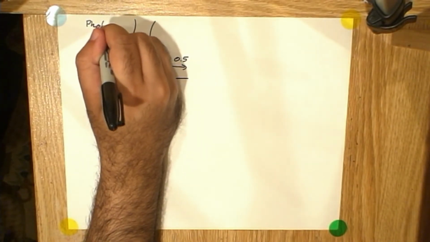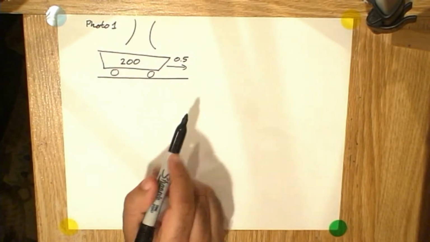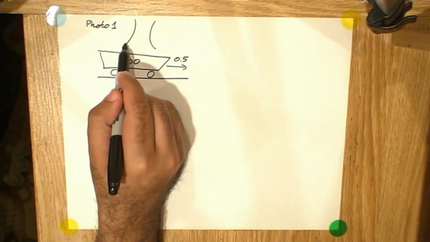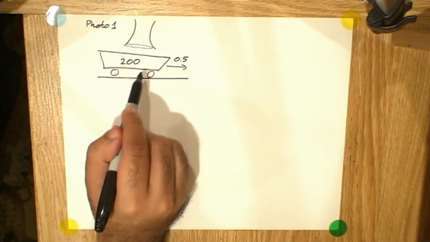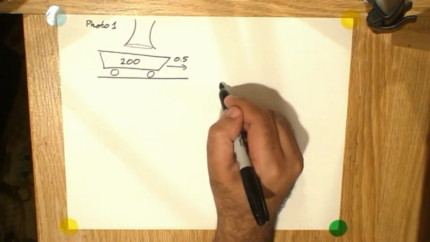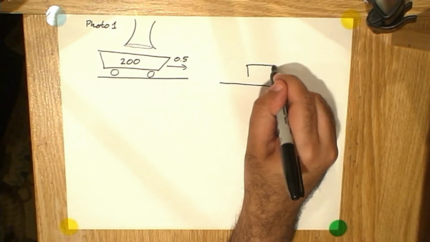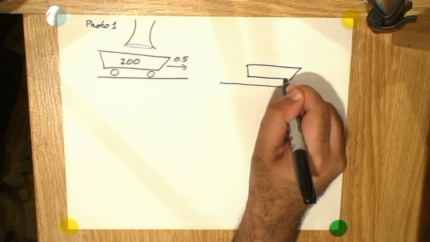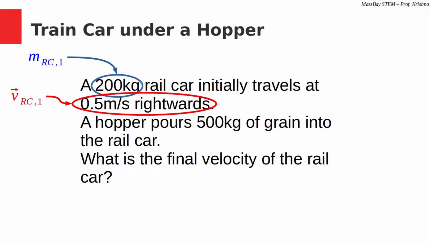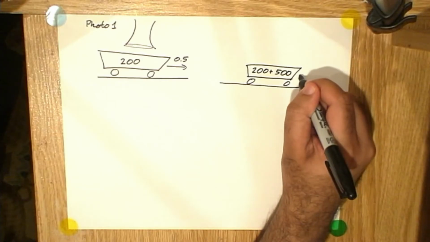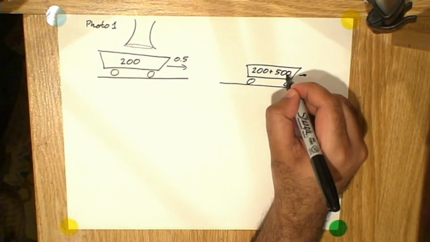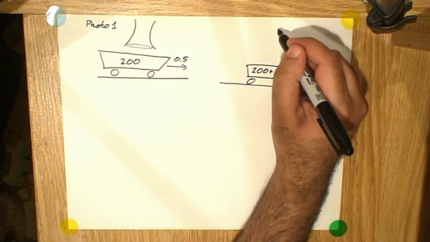I'm going to call this photo 1, before any material starts landing inside the rail car. Later on, the rail car gets filled with 500 kilograms worth of material. So now its total mass is 200 plus 500 is 700 kilograms.